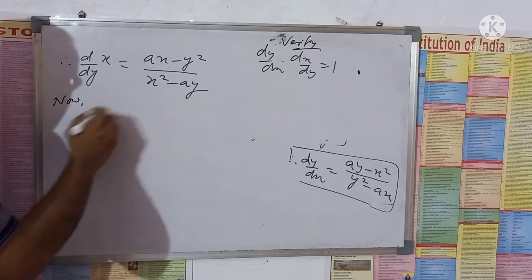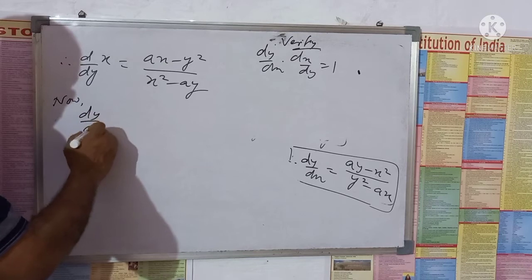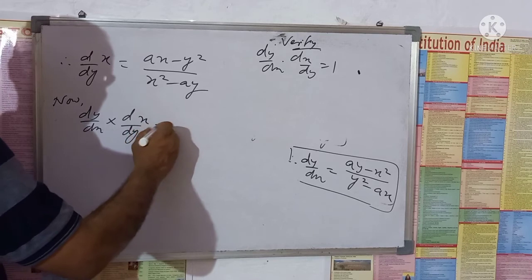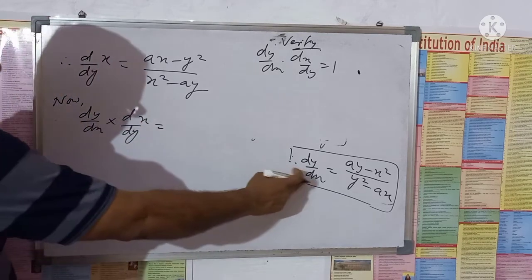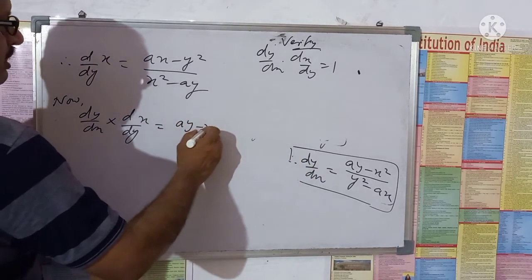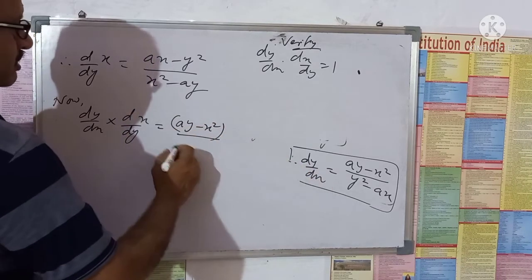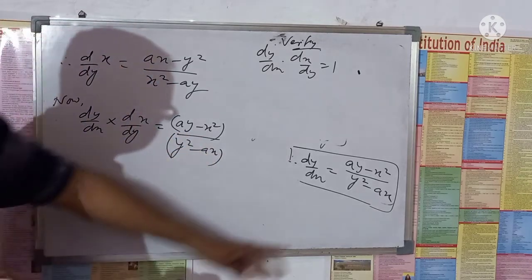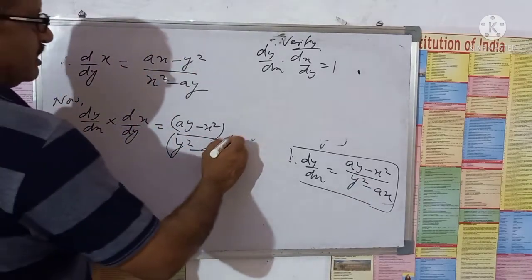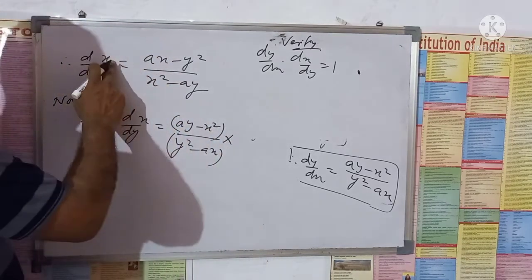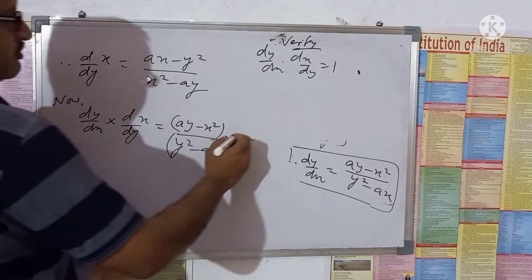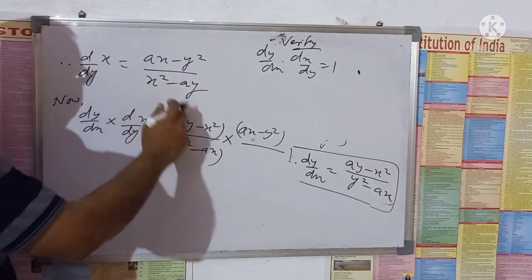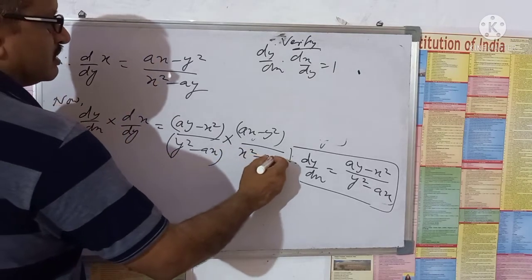Now write d by dx of y into d by dy of x is equal to, put here dy by dx, (ay minus x square) upon (y square minus ax), into d by dy of x, (ax minus y square) upon (x square minus ay).